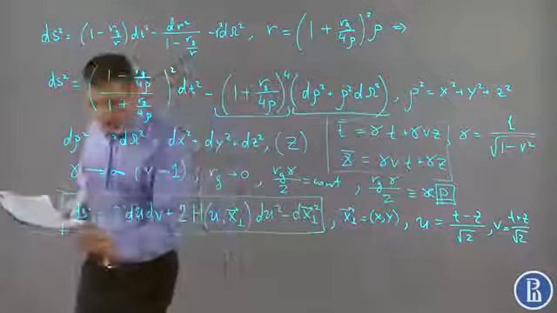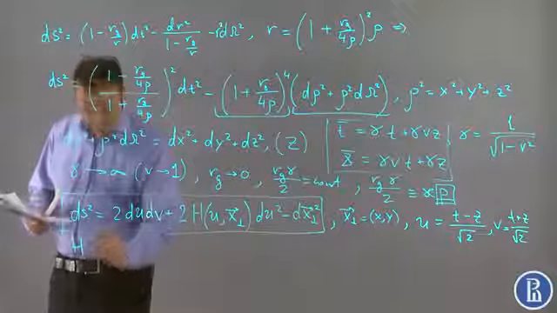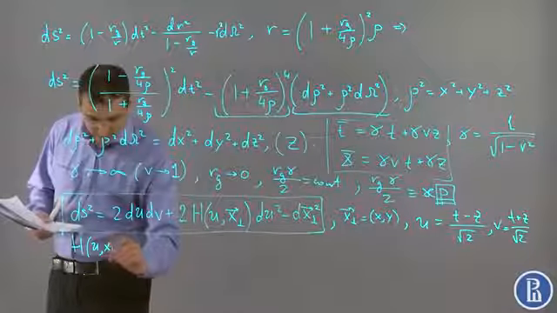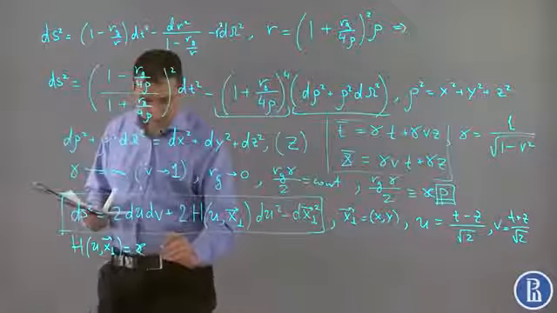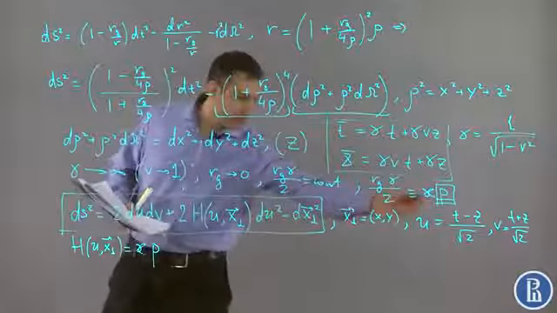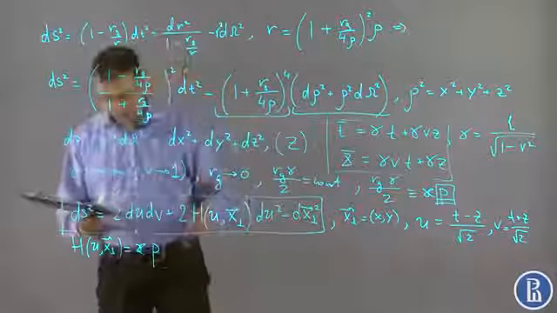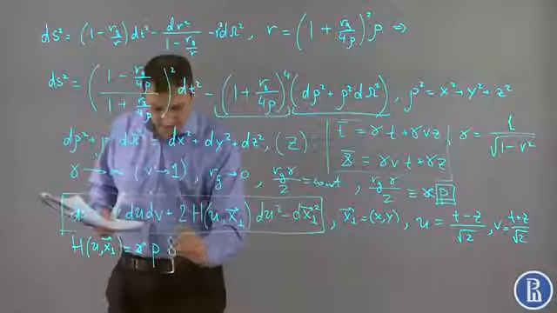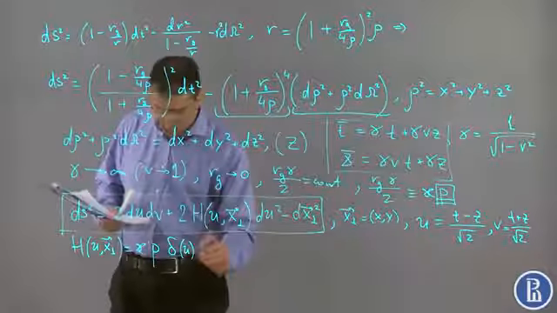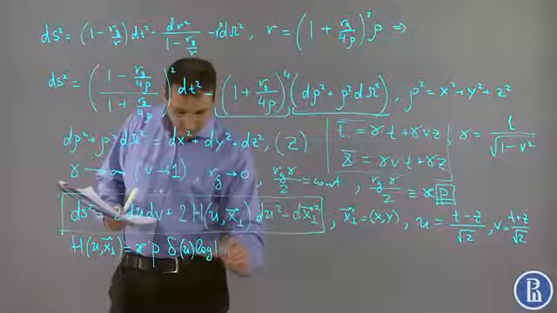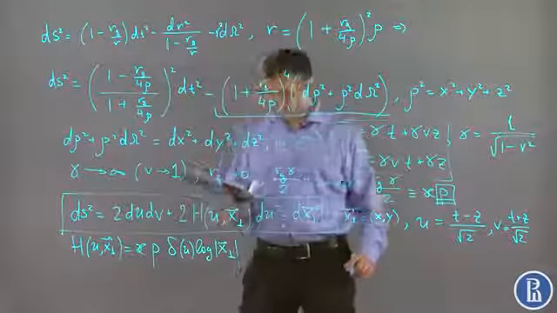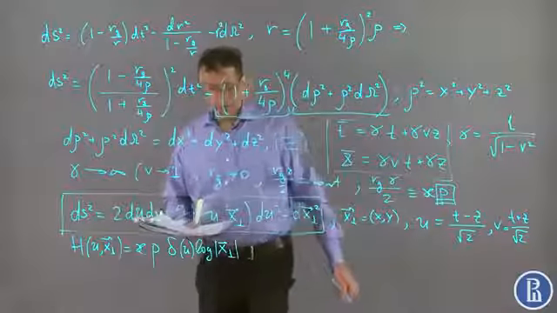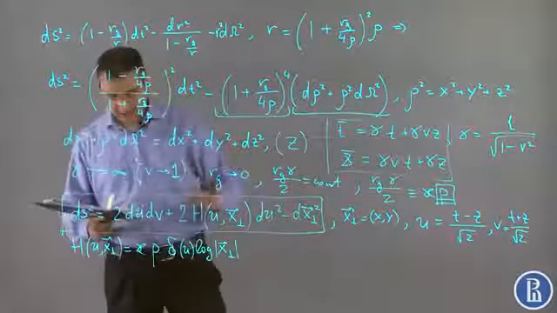And h of u and x perpendicular is just the following function: kappa times p, where kappa is Newton's constant, times the delta function of u times log of the modulus of x perpendicular. So that's what we obtain taking this limit.